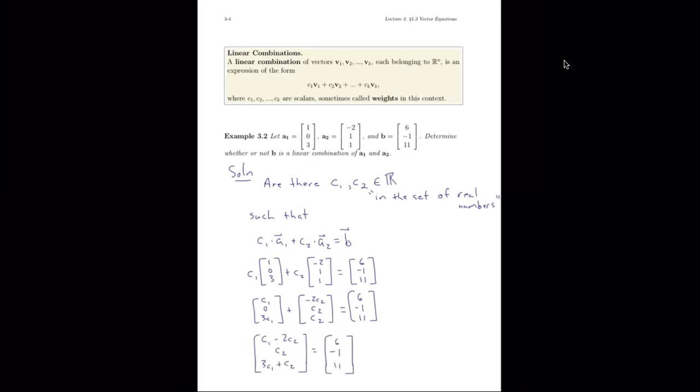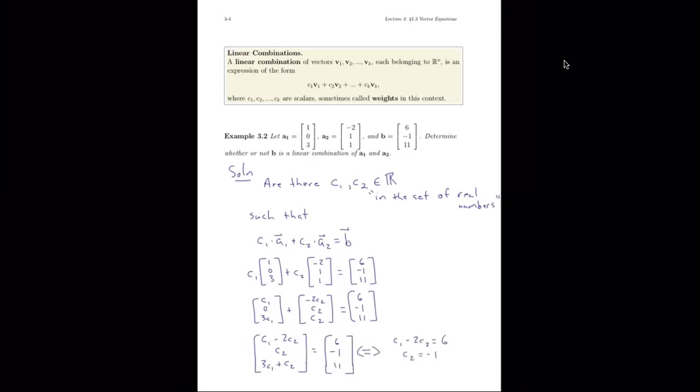Each of these lines is actually an equation. In order for this to be true, given our definition of two vectors being equal, each component must be true. Each component equation represents an equation, and this forms a linear system.